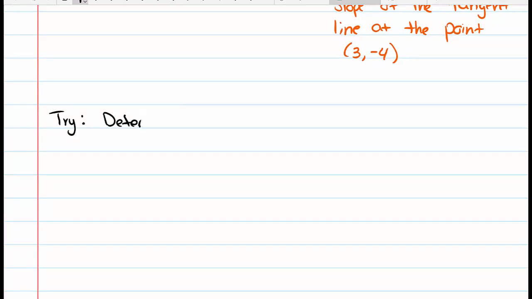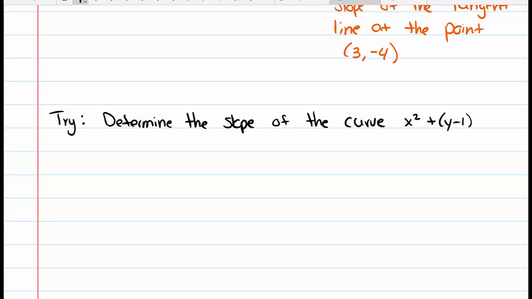Now for the try. So this is what I want you to try. I want you to determine the slope of the curve x squared plus (y minus 1) squared is equal to 16 at the point (2, 3).